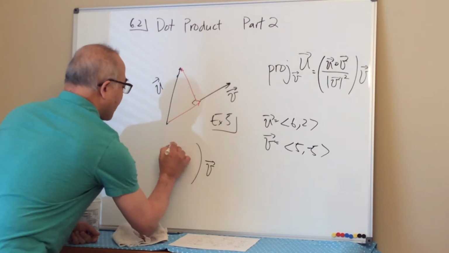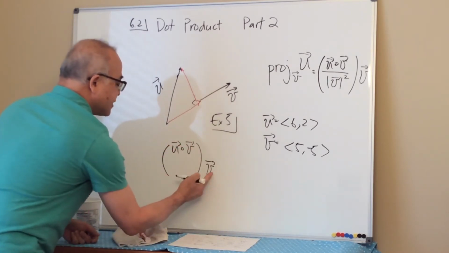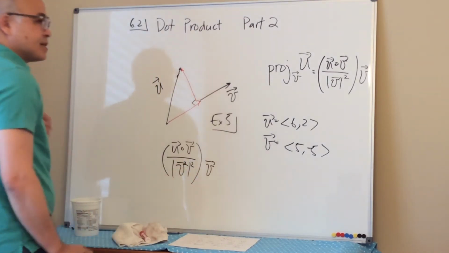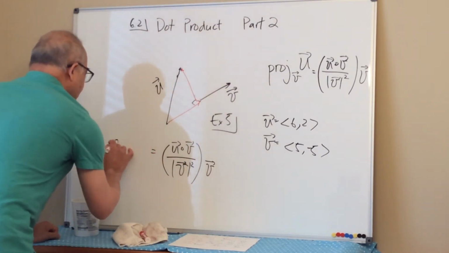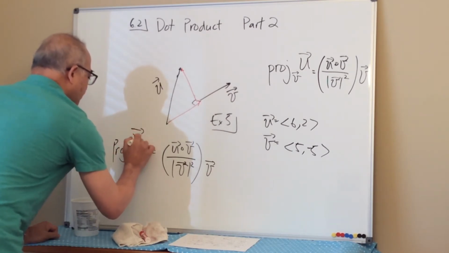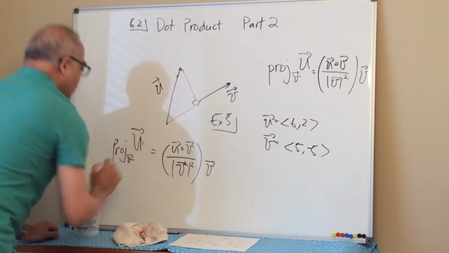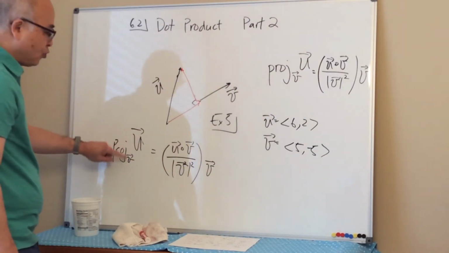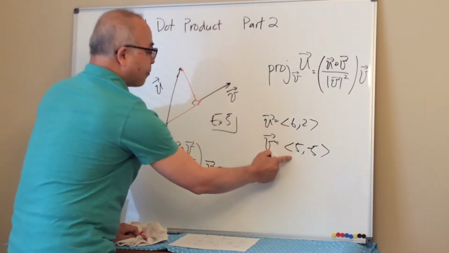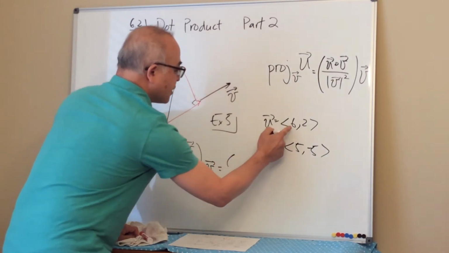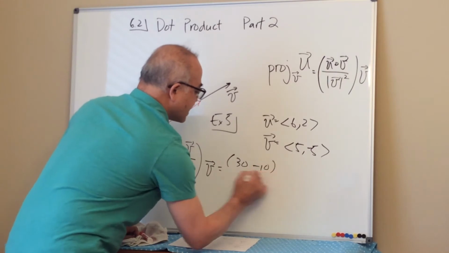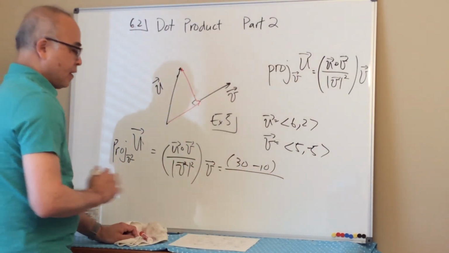Okay, so up here I will have u dot v, and since I have v here, it's going to be squared as such. And again, this is notated projection of u onto v. So all I'm going to do is go ahead and now plug and chug. So I'm going to do the dot product of these two, which is going to be 6 times 5 is 30, 2 times, so it's minus 10, right?